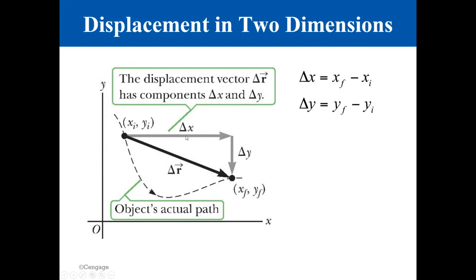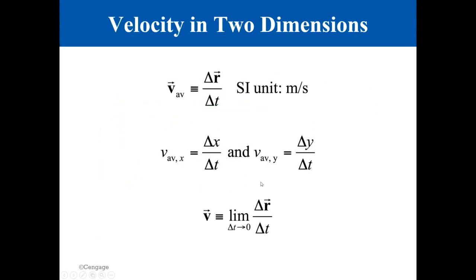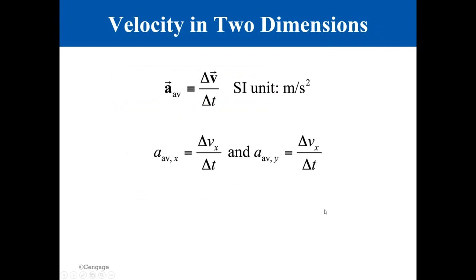So you take delta x here, divide that by delta t to get the average velocity along x, and take delta y, divide that by delta t to get the velocity along y. For the instantaneous velocity, we need to take the velocity when the time goes to zero, when the change in time is so small, infinitesimal. That way we move from average value to instantaneous value.